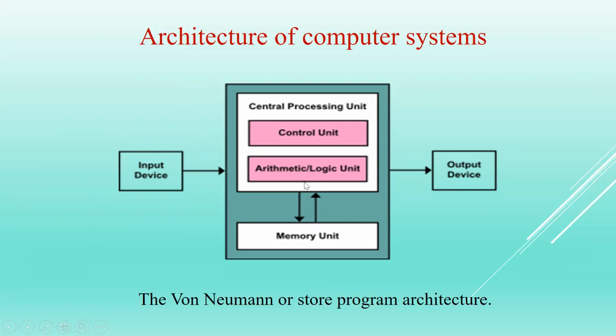After that, we have the memory unit. Then we have output devices. For output devices, we can name our monitors, and all other devices. All of this structure, this picture, we call the von Neumann or stored program architecture.